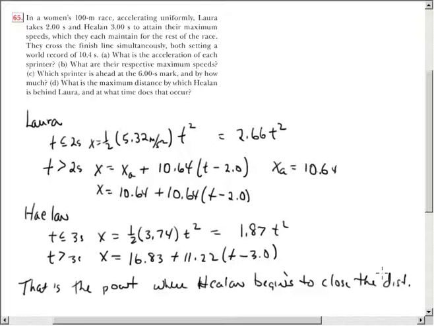Can you figure out at what time that point occurs? When does Helene's velocity match Laura's velocity? Pause the video and work it out.